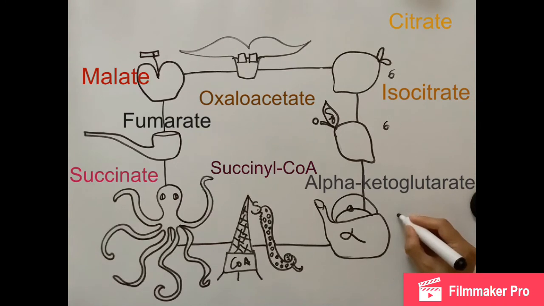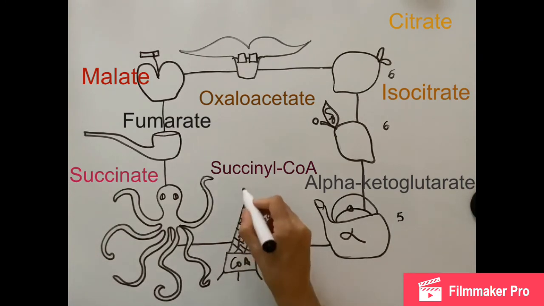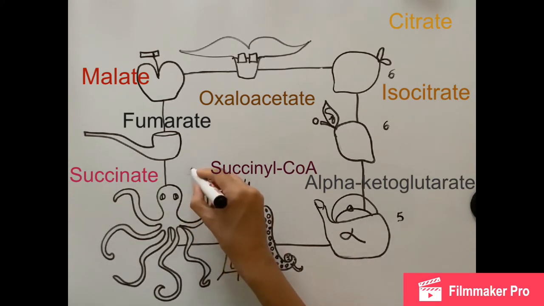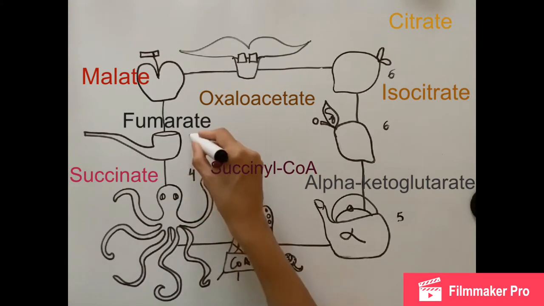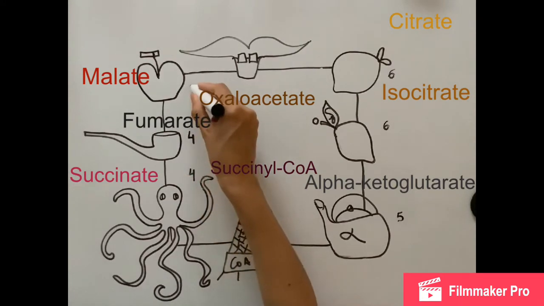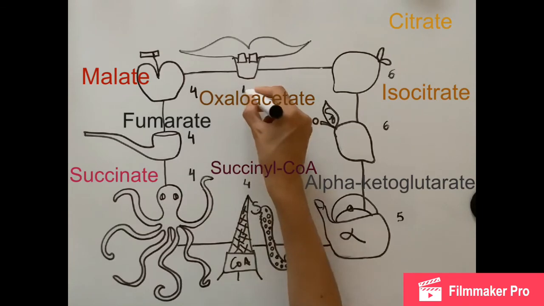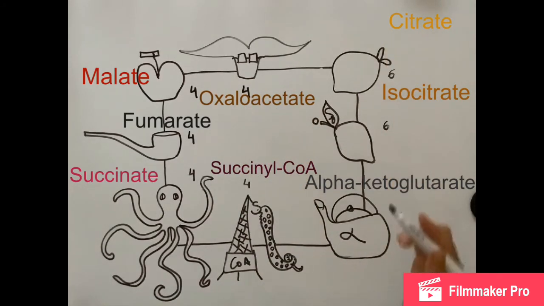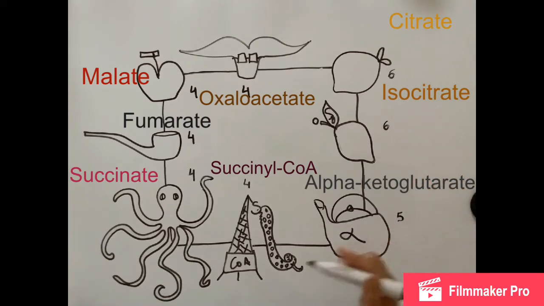The alpha ketoglutarate will have 5. The succinyl coenzyme A 4. And from them, they will all have 4 carbons. So everyone here has 4 except the vertical line, which starts with 6, 6, 5, and then moves into 4.